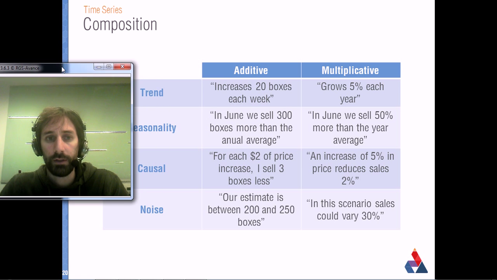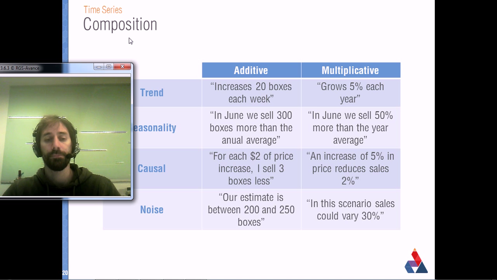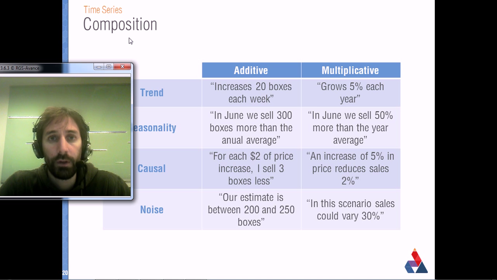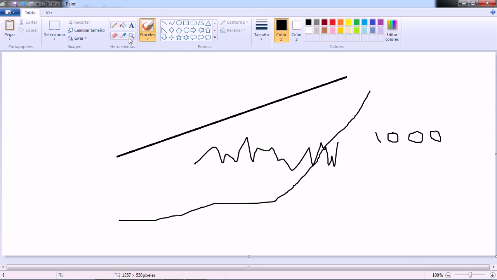Why is this important? You have some models that are additive, some models that tackle these things in a multiplicative way. When is this important again? When do you have a difference between additive and multiplicative? When you have a change in your base. So again, if you're talking about a constant series, talking about additive or talking about multiplicative is the same thing.